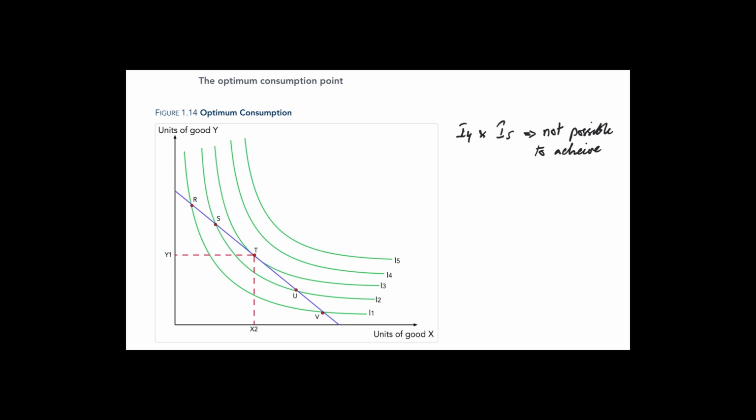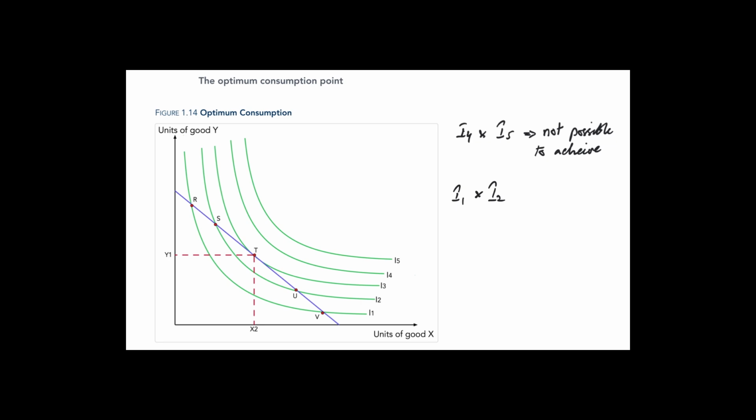Agreed? As far as point R, in fact point S and U, versus even indifference curve 1 and indifference curve 2, they both are connecting to the budget line. But what we know about this is it's not tangent, is it? It's not tangent, it's crossing through.